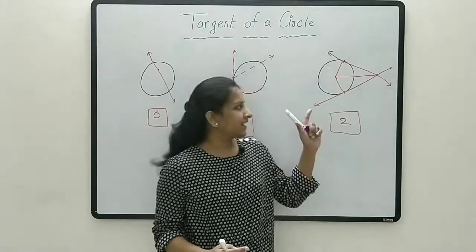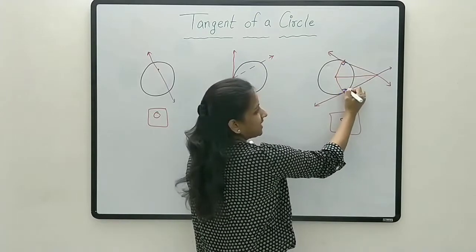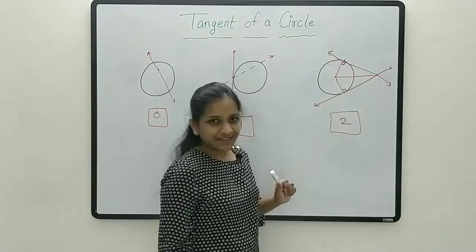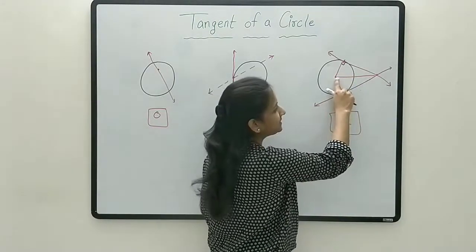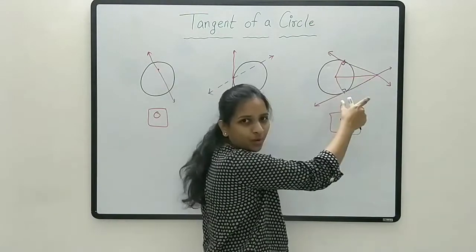Just now we have seen radius and tangent are perpendicular, right? So this is 90 degree and this is 90 degree. That means these two triangles are right angled triangles. Okay, now in these two right angled triangles, this center to this point, this is the hypotenuse and they are equal.